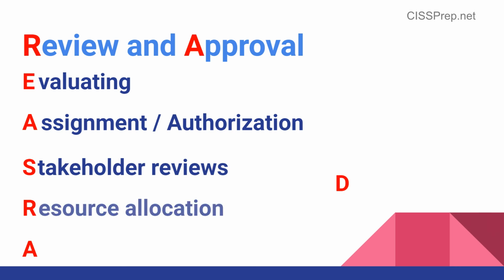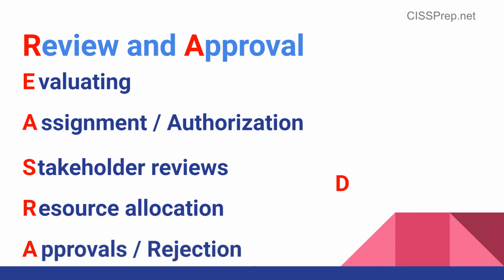We're also going to identify the resources and allocate the resources and devote the time needed to review the change. Approvals and rejection. This is just the formal action of approval and rejection, just like it says. And then documentation. Again, we're going to document approval or rejection. So each one of these activities, I should say, involves documentation.